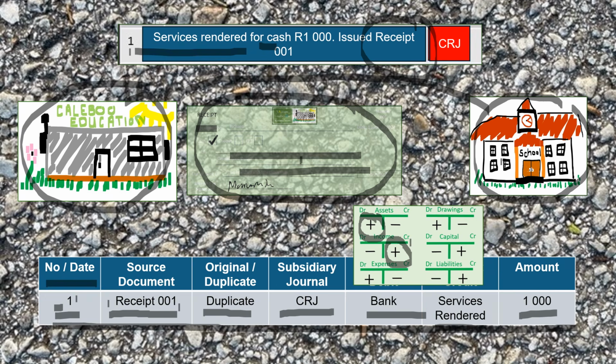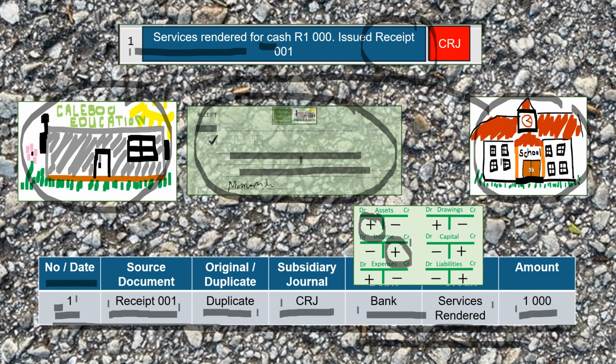The duplicate was left to record this transaction. So that's why in this column we write duplicate. It goes through the cash receipts journal, and then we got account debit bank, increase in assets, account credit services rendered, increase in income, and the amount is 1,000.